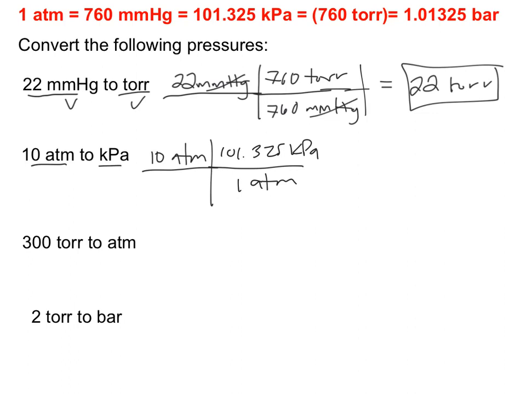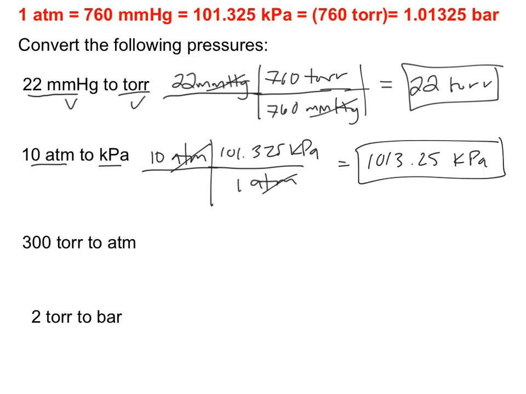It's what I want on top over what I already have, which is ATM. It's going to allow my units to cancel out. ATM and ATM are going to cancel, and this is going to give me 1013.25 kilopascals as my pressure unit.